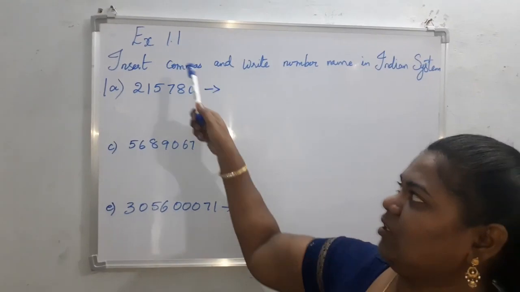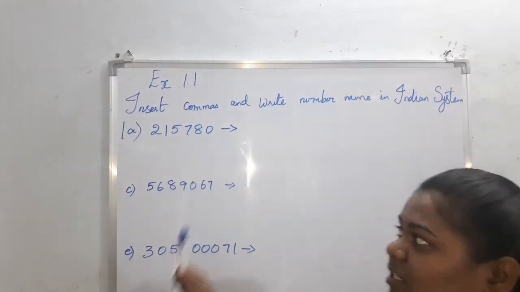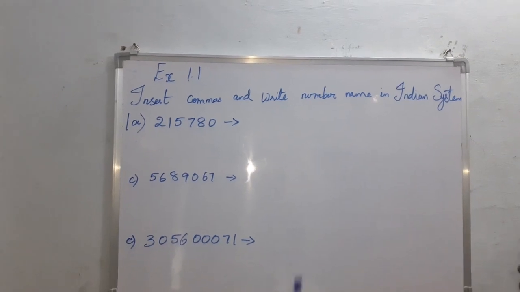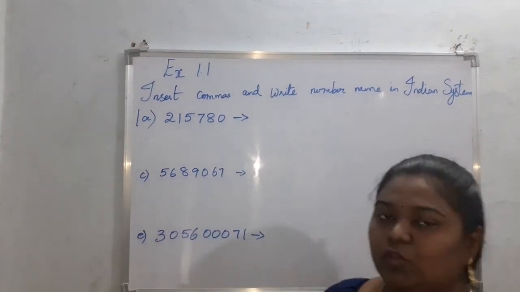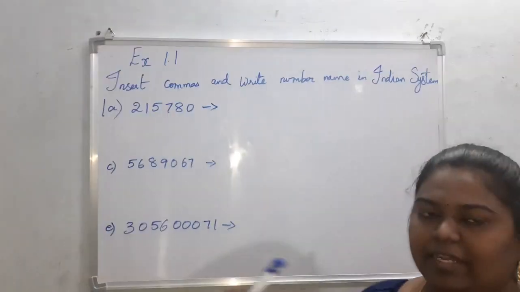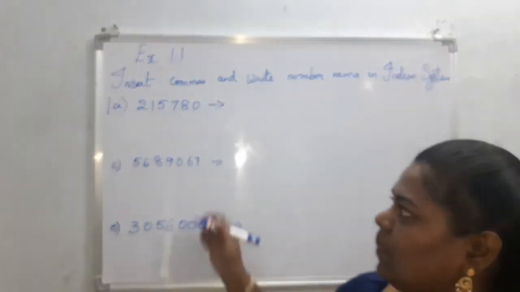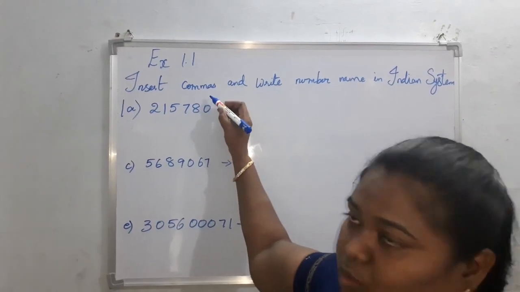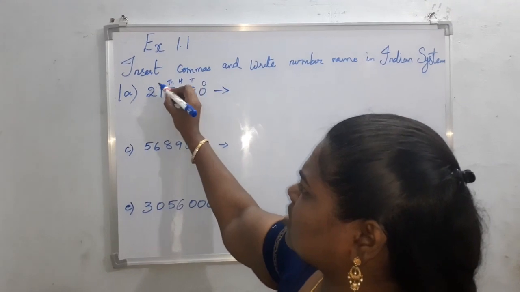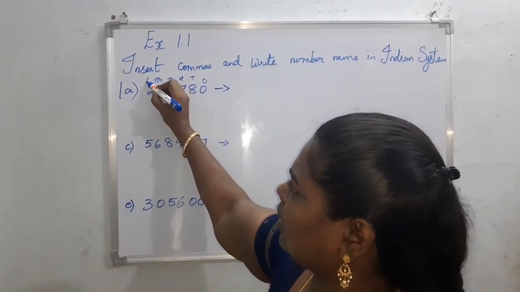Okay, so here we have started our first exercise, that is, insert commas and write the number name in the Indian system. Here they have given you numbers. You yourself have to place the commas and write the spelling, the number name. So write the place values on the top first, that is ones, tens, hundreds, thousands, 10,000, lakhs.